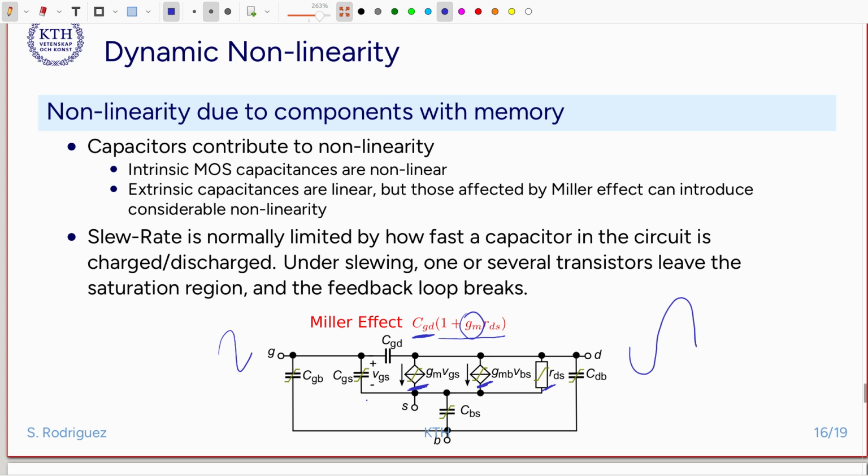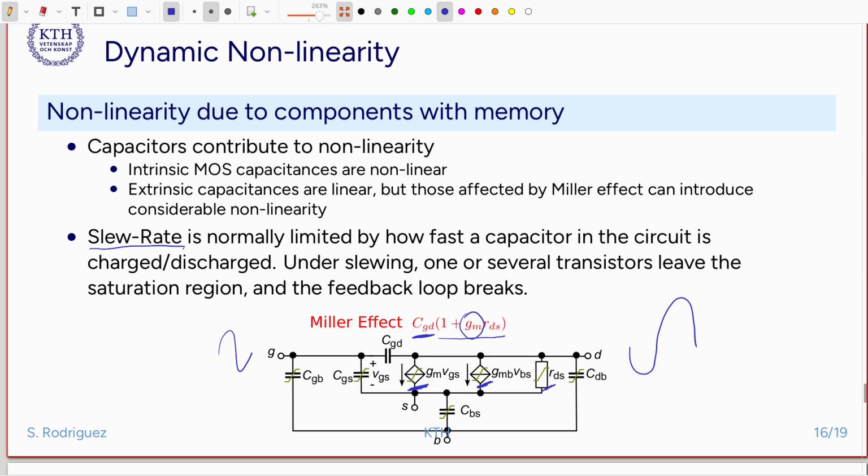But there is one very important situation that limits the linearity of an amplifier, and it is also related to the capacitor, and that is the slew rate. Typically in an amplifier there is one capacitor that defines the slew rate, the maximum rate at which the output voltage can change over time.